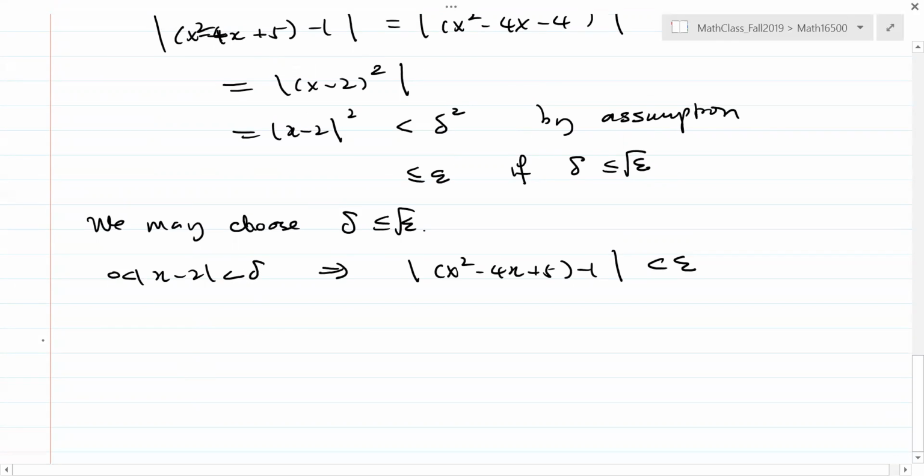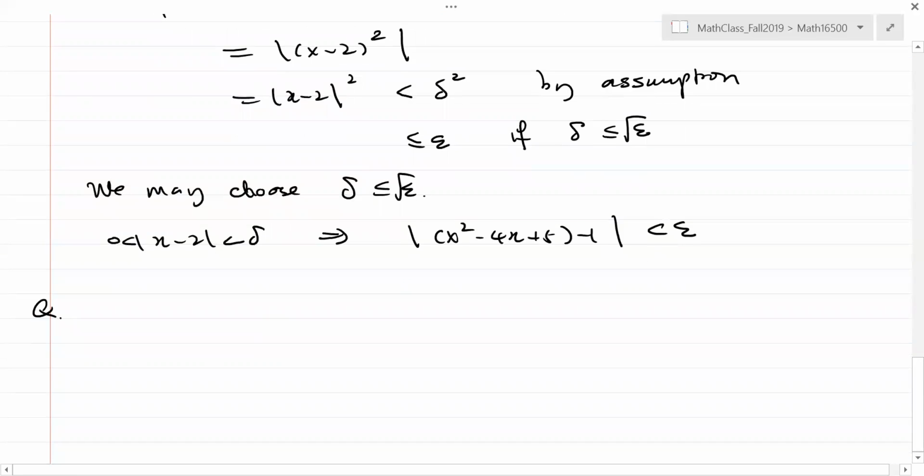So if I modify the problem a little bit, show that the limit as x approaches 3 of x squared minus 4x plus 5.